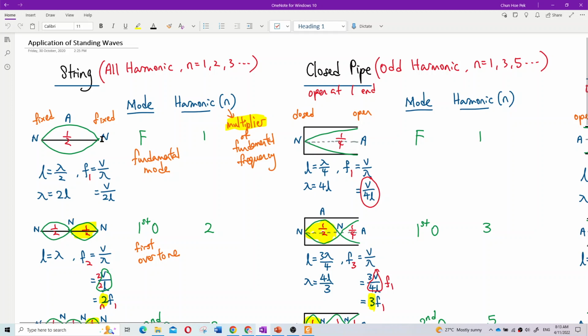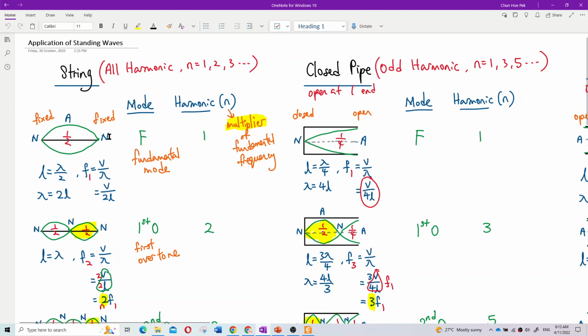Node means the particle cannot vibrate at all. So the center has to be an antinode. So this is a half lambda, L equals half lambda, and finally the frequency we get is v over 2L. So this is the fundamental mode.